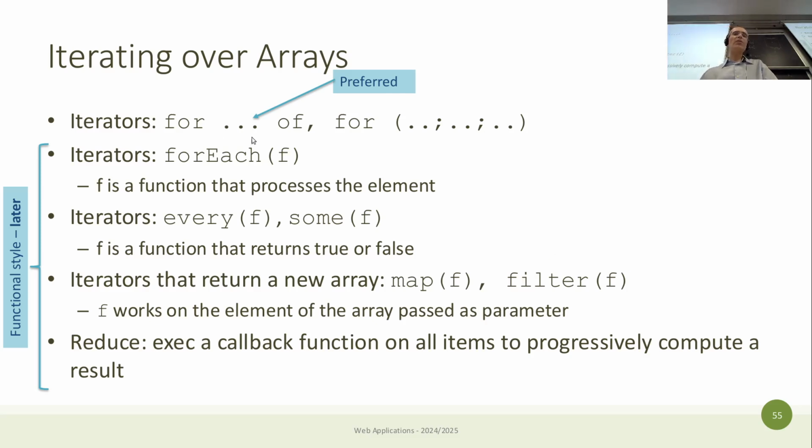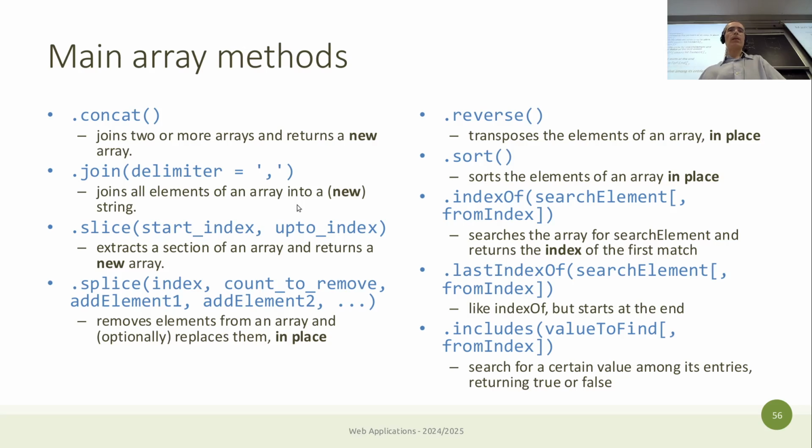Iterating over arrays, for of, that's what we said, and the rest we will see with functional programming. There are a lot of predefined methods available for arrays in JavaScript. Join, okay? Join all the elements into a new string. Slice, splice, sort, etc. All the things that you might expect. Divide an array, sort an array, etc. Okay?